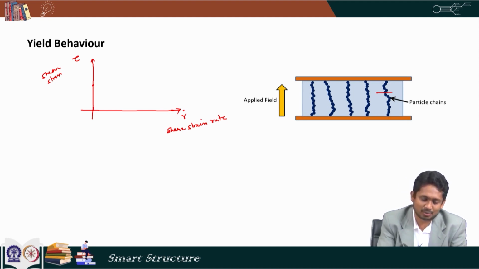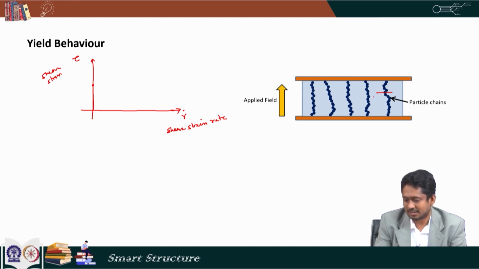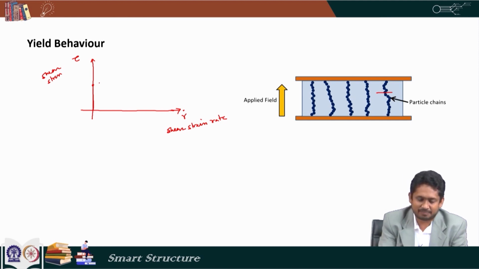So, the graph just goes up like that. Once the stress is sufficient to overcome the resistance by the chain, the flow starts happening, and the curve takes a shape like this.